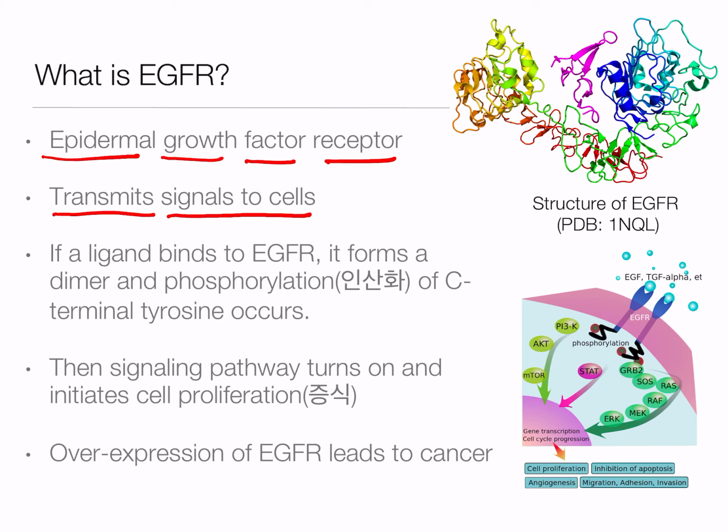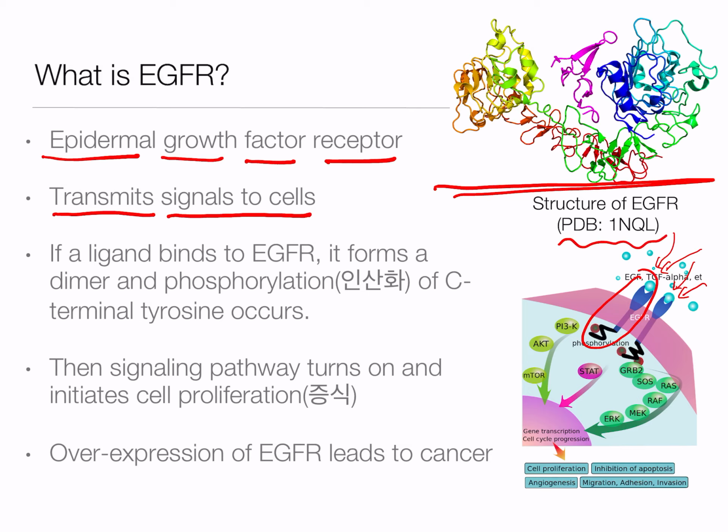Usually, EGFRs are located at the cell membrane, and as you know, most of the biological signals happening in a cell are actually chemicals. This is the structure of one of the EGFRs. There are many kinds of EGFR in human cells, and you can see the structure of this protein with this PDB ID.